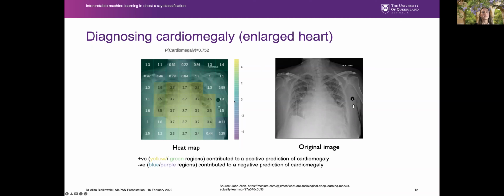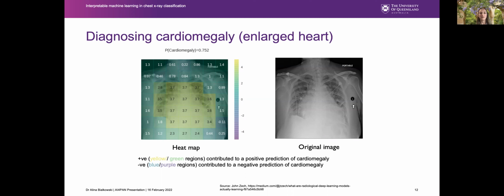What we can see here is it's nice because it's looking at the lungs and it actually predicted the correct class. But if you look at the positive weights, we also have positive weights in the top right corner where we have this label called portable, and also some positive values on the laterality label. Having a portable label shouldn't contribute to the disease.